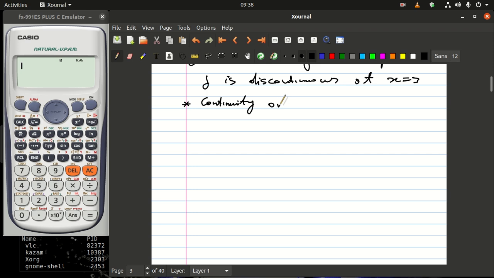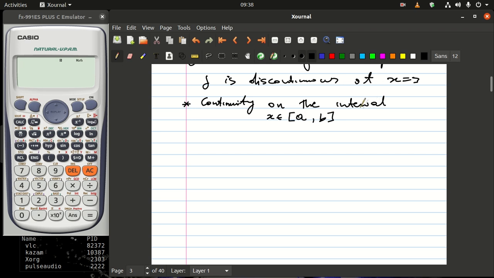So let's look now at continuity on the interval. I'm going to say x so that you know the interval is talking about x. I have a here and then I have b. I'm going to give you the simplest definition of this.